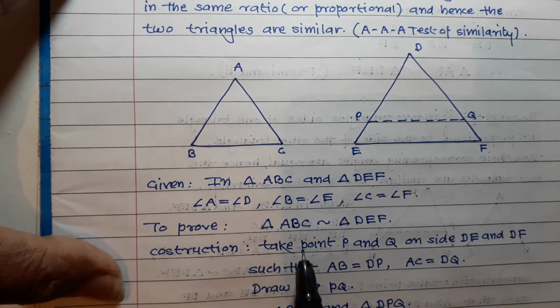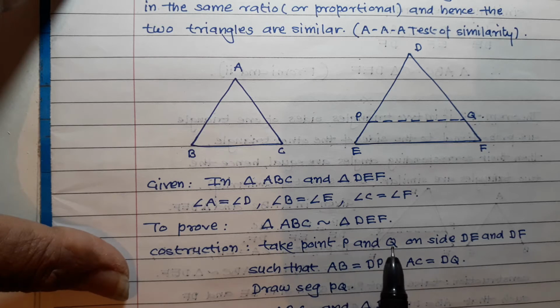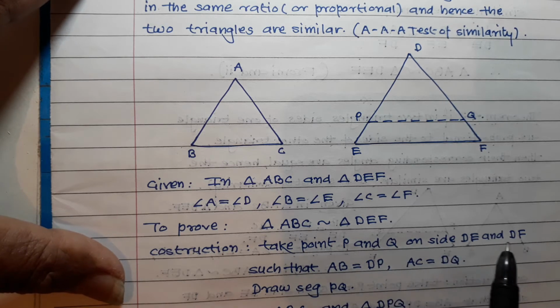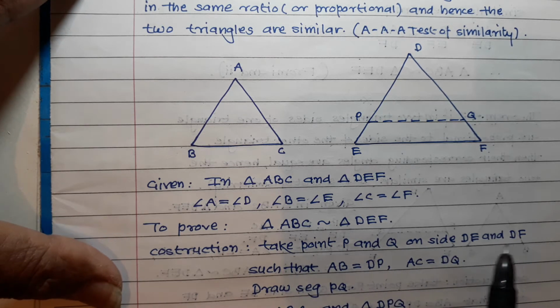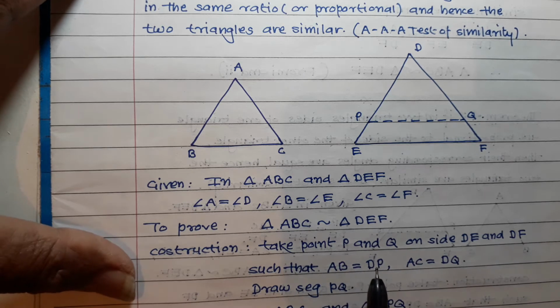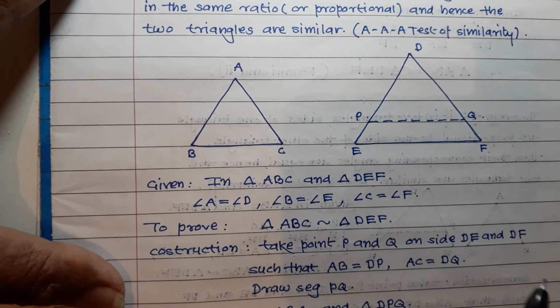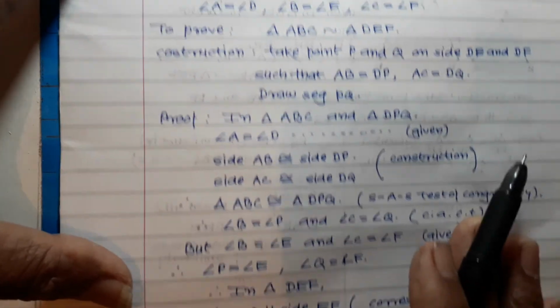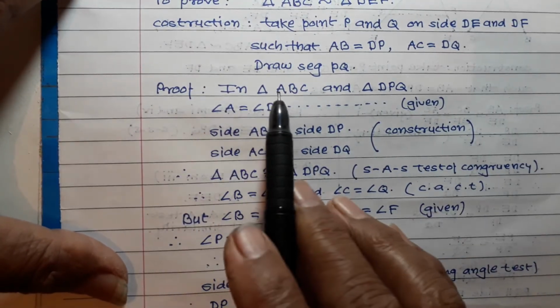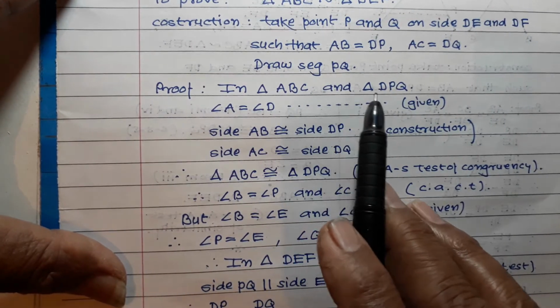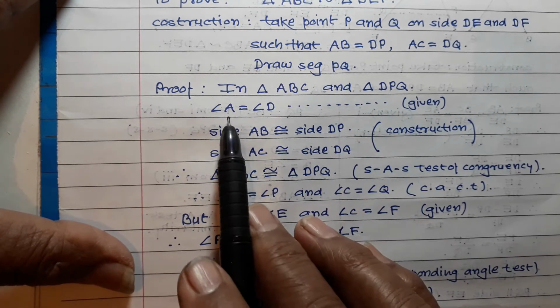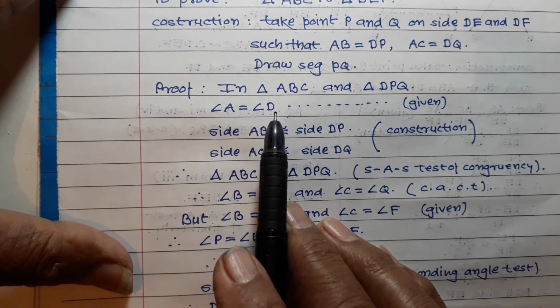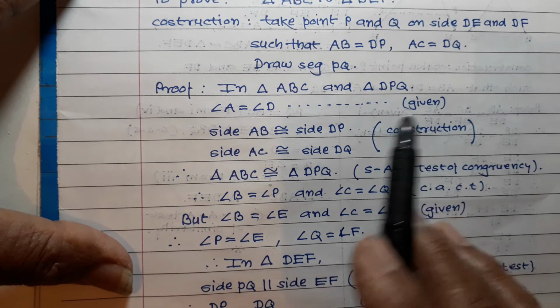Construction: Take points P and Q on sides DE and DF such that AB is equal to DP and AC is equal to DQ. Draw the segment PQ. Proof: In triangle ABC and triangle DPQ, angle A is equal to angle D, given.